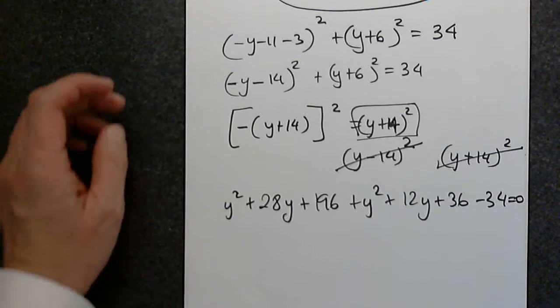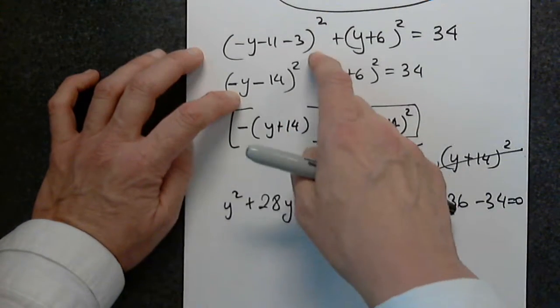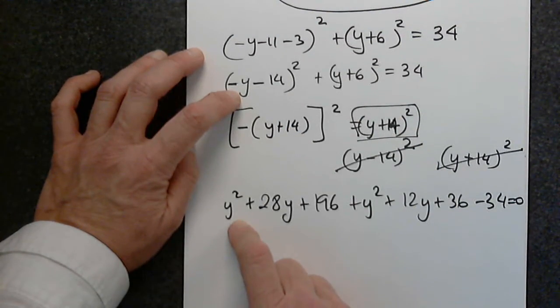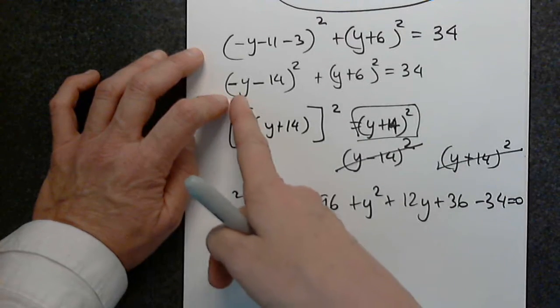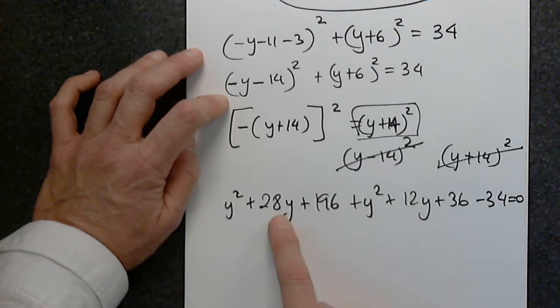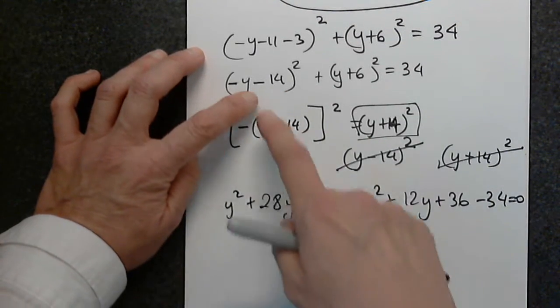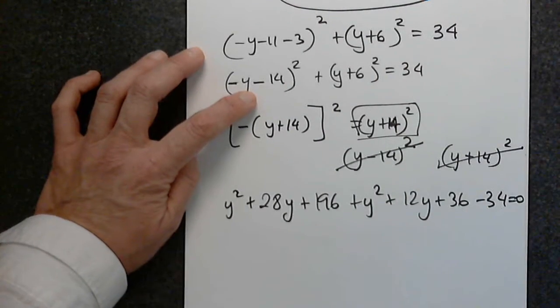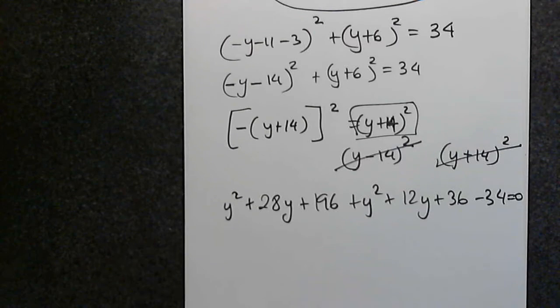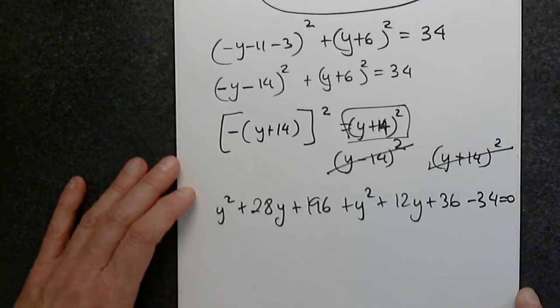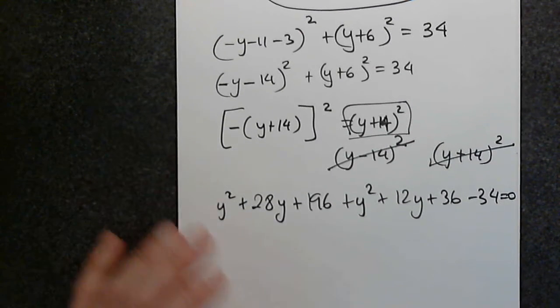You would have gotten the same answer, right? -y squared is y squared, and then you would have said plus 2 times this times this. They're both negative, so we're going to get positive, and -14 squared, you're going to get plus 196. But I don't want you to get afraid of those two negatives, right?